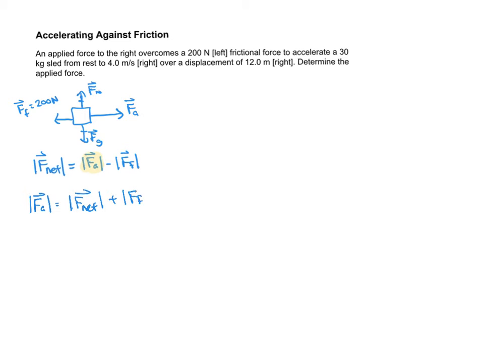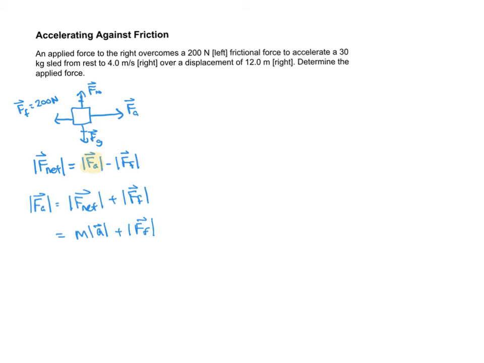And you may try to go through the normal steps of using Newton's second law and replacing the net force with MA. The frictional force, we know the value is 200, so I'm not really worrying too much about that.